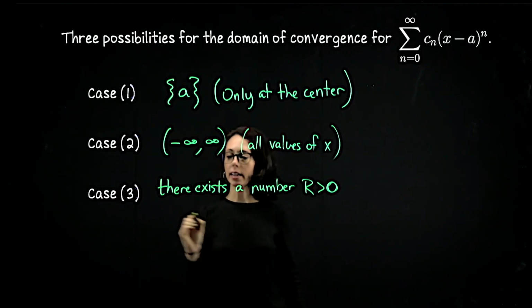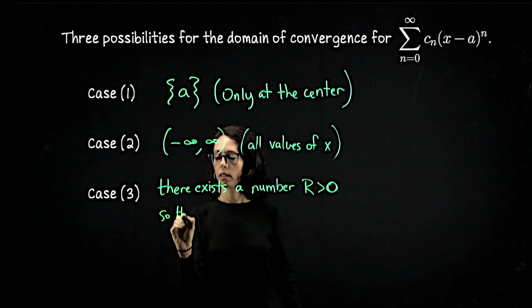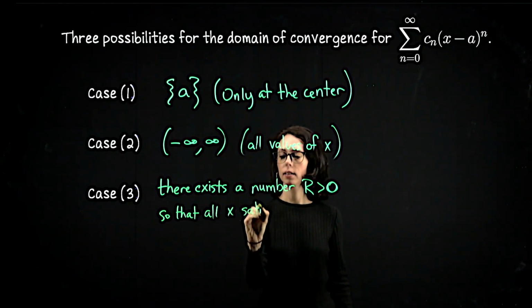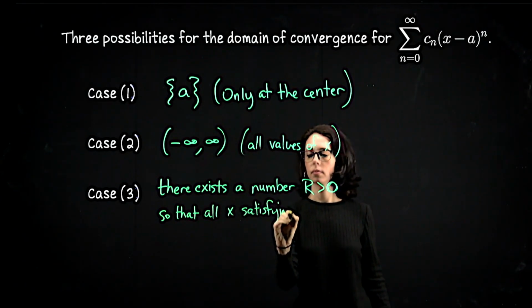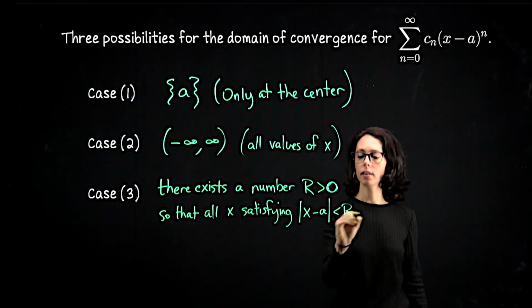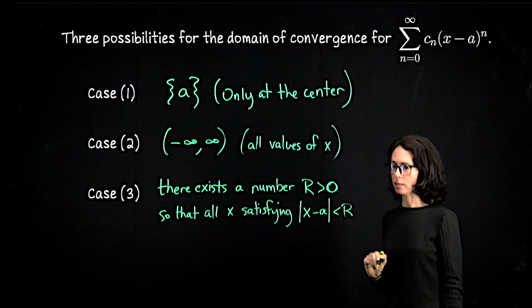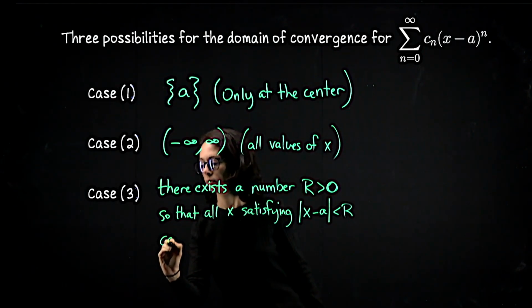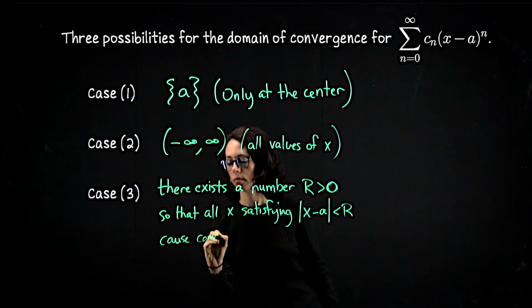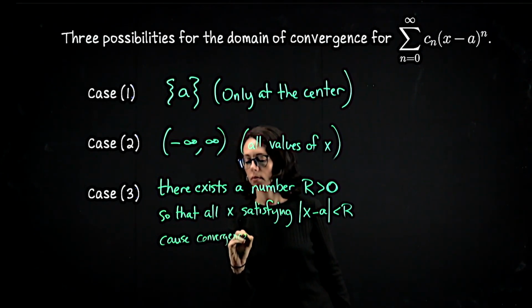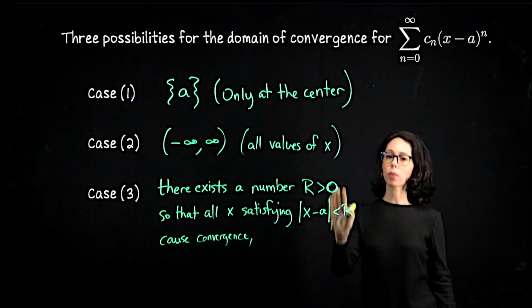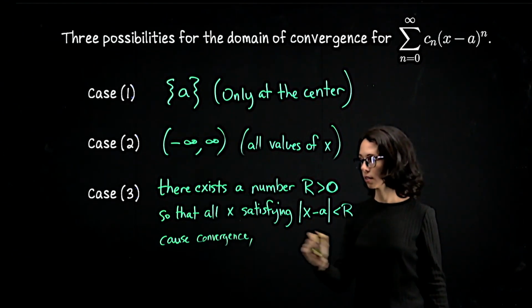So how I'm going to phrase that is, so that all x satisfying that the distance from x to the center is less than r causes convergence. While all x whose distance is greater than r causes divergence.